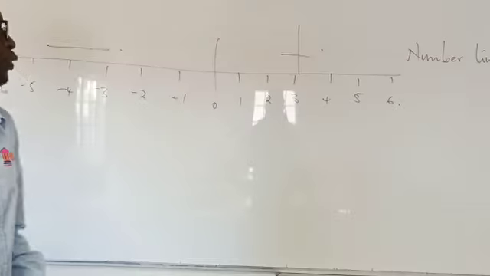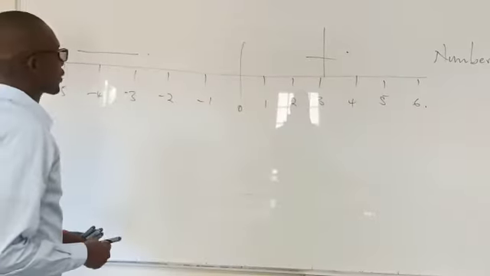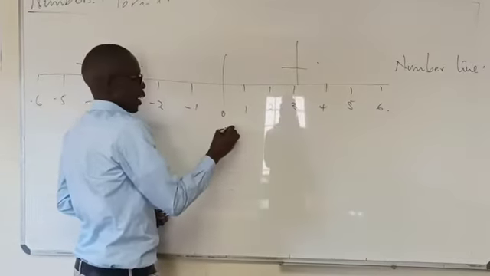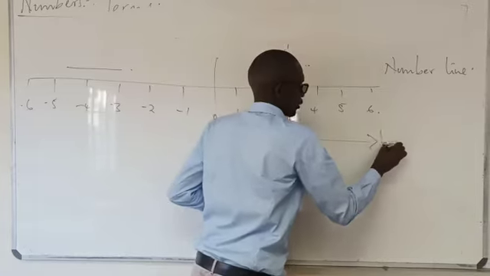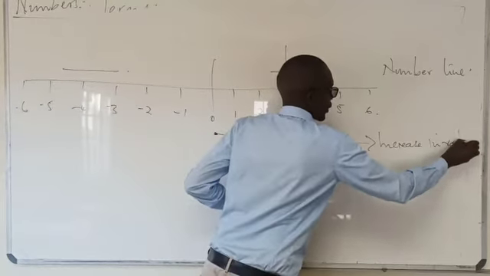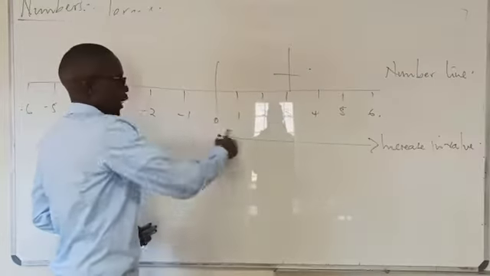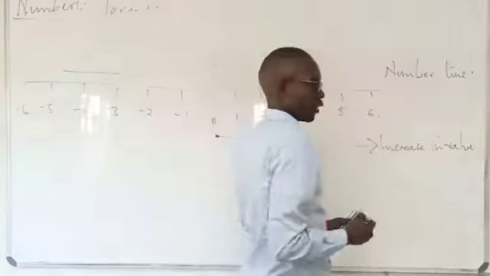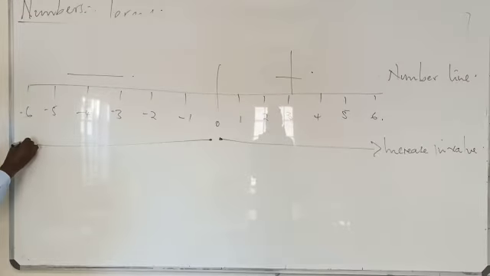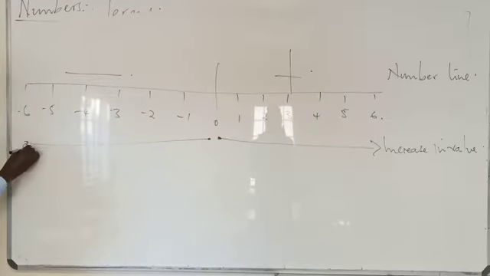It gives us the notion that from 0, my numbers tend to increase in value going to your right. Then from 0 to your left, the numbers tend to decrease.